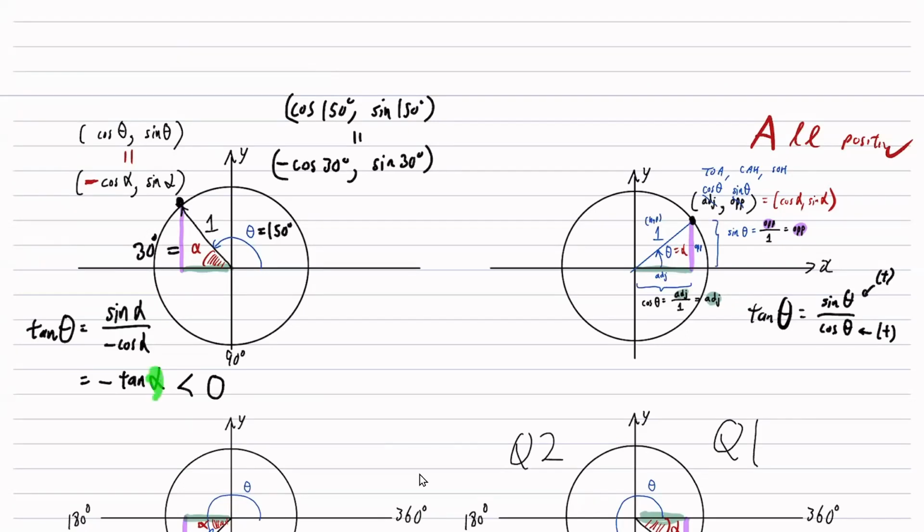And for tangent, tangent of 150 degrees will be negative of tangent 30 degrees. Good. So who is the only one that's positive here? Sine 150, cosine 150, versus tangent 150.